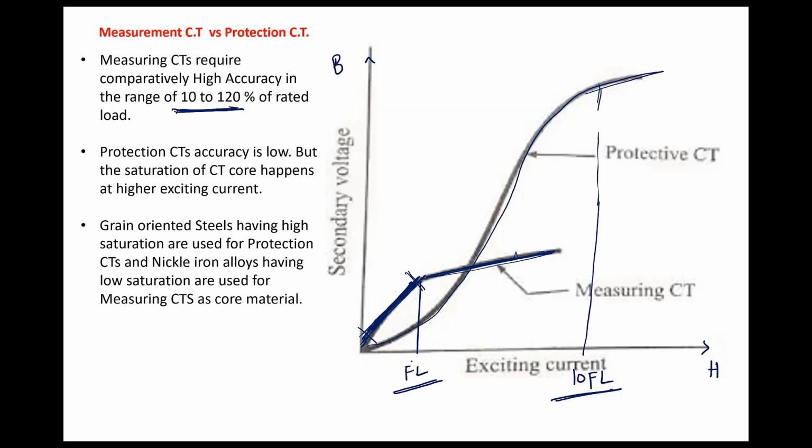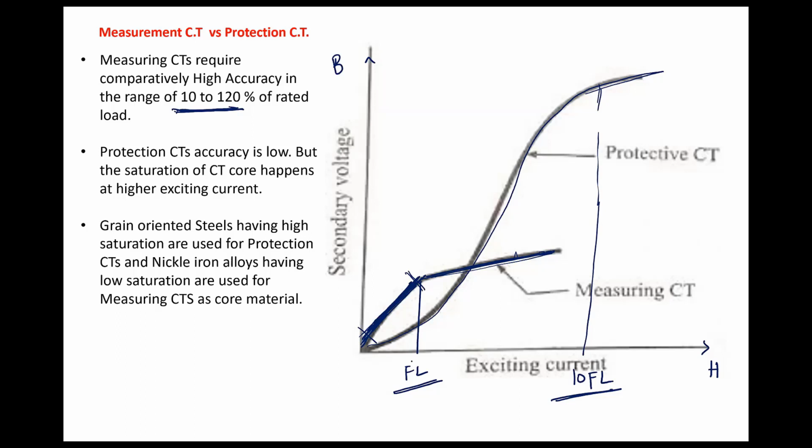The second point is the core of the measuring CT saturates early, whereas the core of the protection CT should not saturate even when it carries 10 times full load current. That is the point.